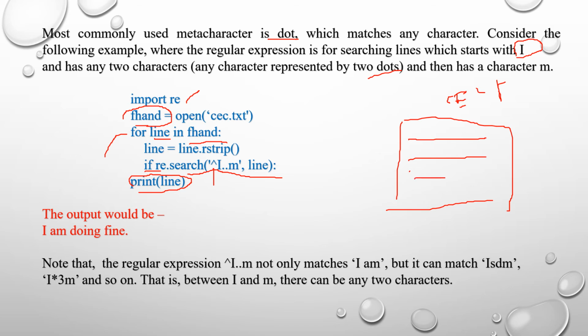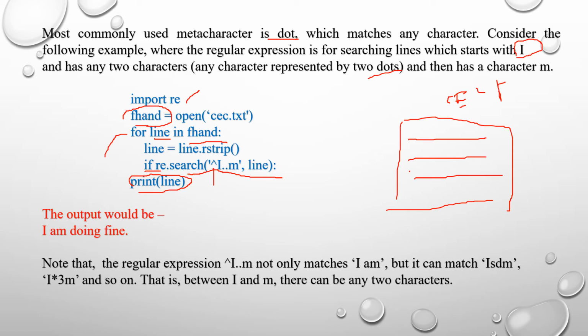After the first iteration, the pattern is not matching, so the Python interpreter is not going to print the first line. In the second line the pattern is not going to match, so the interpreter will not print the second line.